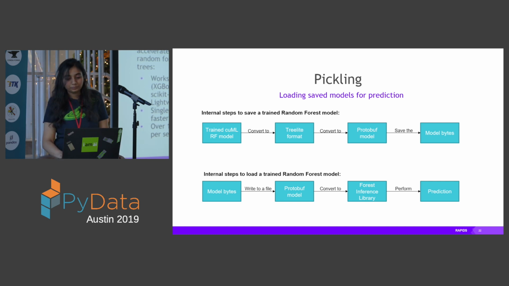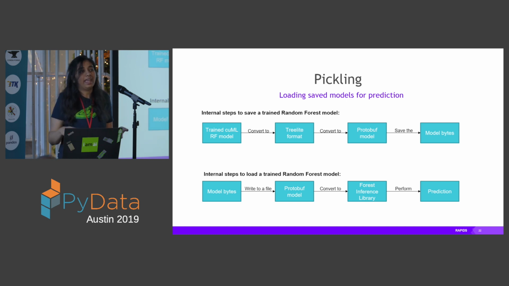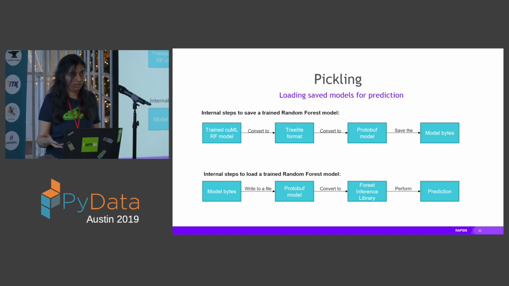Now, if you have already trained a random forest, you don't want to waste time training another one, because if your data set is too big, that's not worth it. Just specifically for random forest, the pickling was slightly tricky.